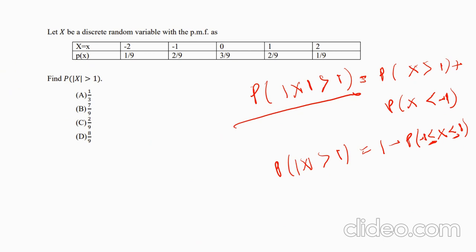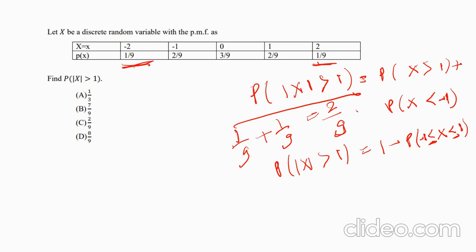So the probability of mod x greater than 1 is equal to the probability x greater than 1 plus the probability x less than -1. For x greater than 1 we have this point, for x less than -1 we have this point. So its probability will be 1 by 9 plus 1 by 9, which will be equal to 2 by 9.